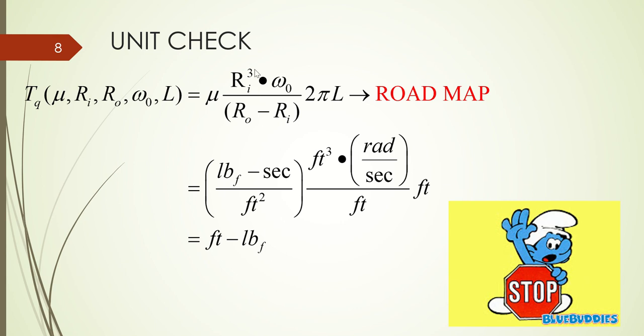I have R_i cubed in foot cubed, times omega naught in radians per second, divided by R_0 subtract R_i, which has units of feet, times 2 pi L, which is in units of feet. And so we see that indeed our units cancel, and our units here indeed turn out to be foot-pounds.